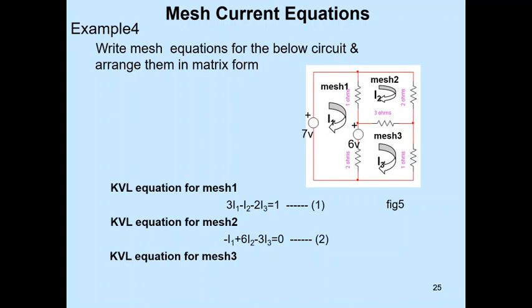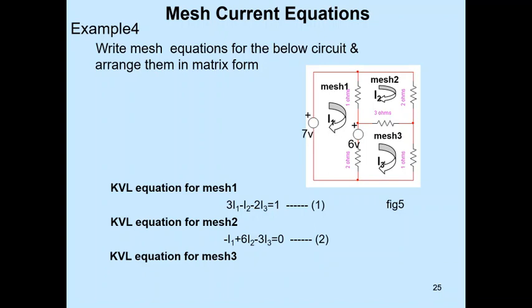And the third equation is: here one voltage source is there, and in 2 ohms there are two currents in opposite directions, that is I1 and I3, and in 3 ohms there are 2 currents, that is I2 and I3. In 1 ohm only one current, that is I3.